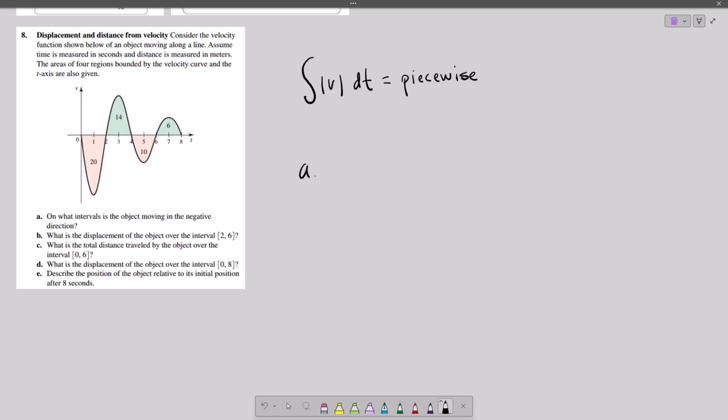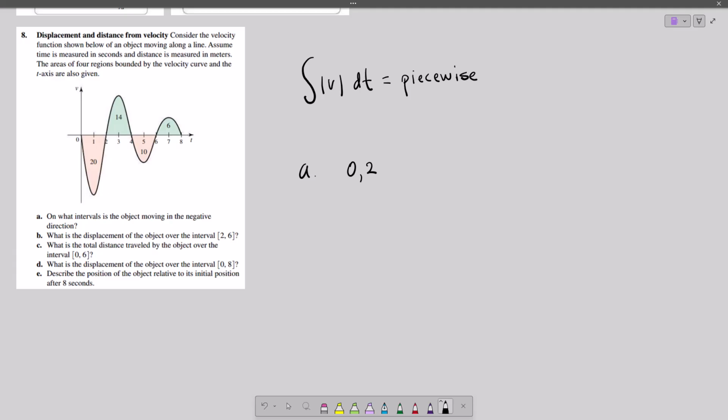0 and 2. So 0 to 2, brackets, parentheses. If you put a bracket, that means you're including that endpoint. So if you included 0, at 0, is it moving? No. Right, because the velocity is 0 at 0, and the velocity is 0 at 2. So at those two instances, the thing's not even moving.